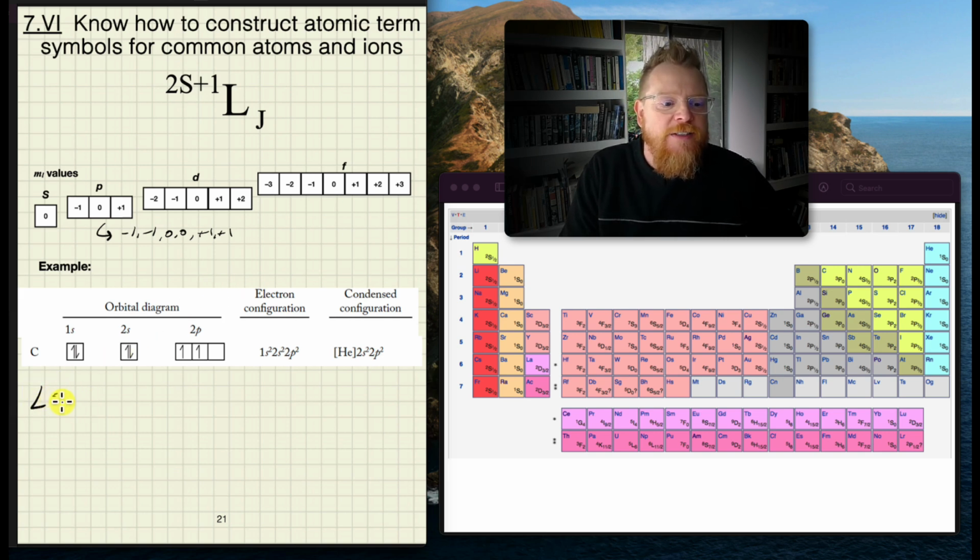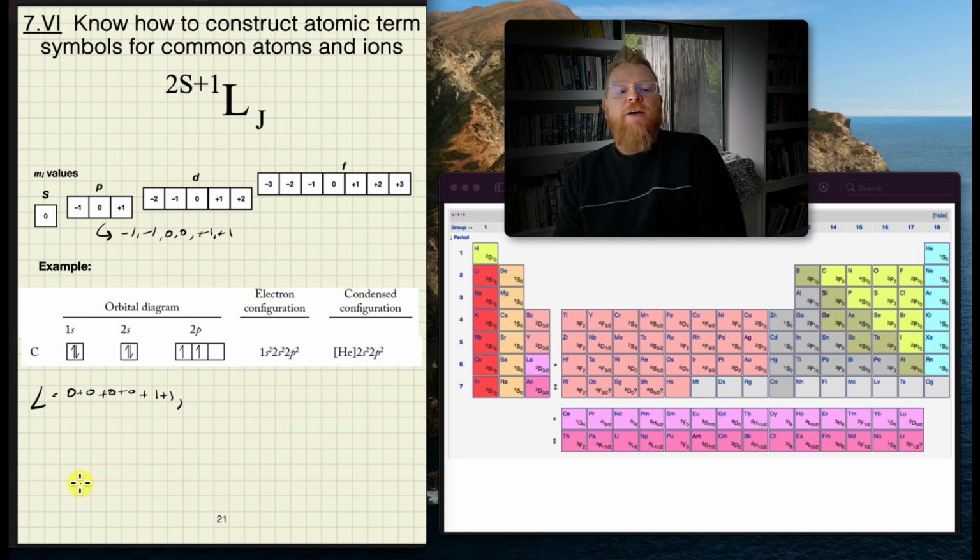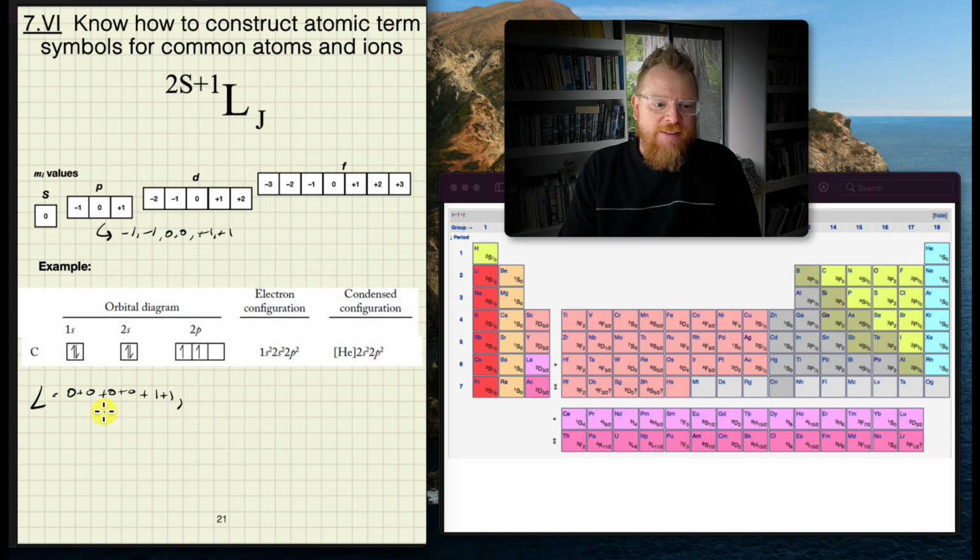If I sum up the little l's, like the Clebsch-Gordan series tells me, I'm going to have a 0 plus a 0, plus a 0 plus a 0, and then the value of l for these p electrons is 1 plus 1. That gives me my first value. You can see I didn't really need to add up all of those zeros, because that's all going to give me 2.